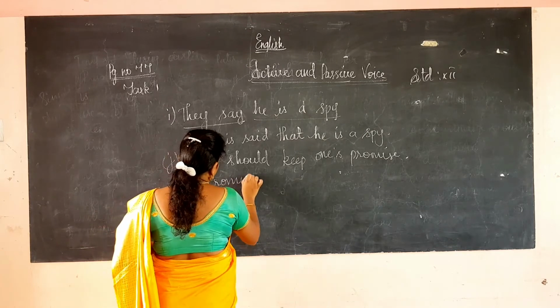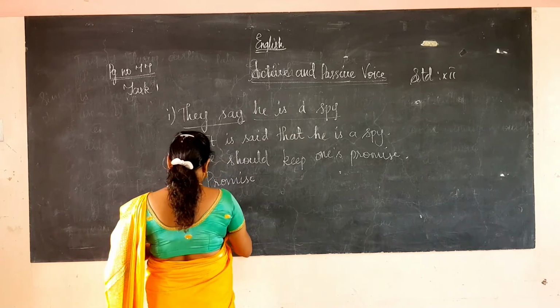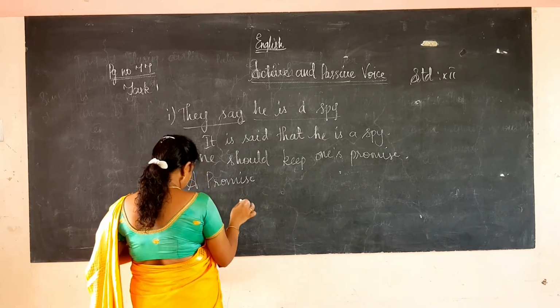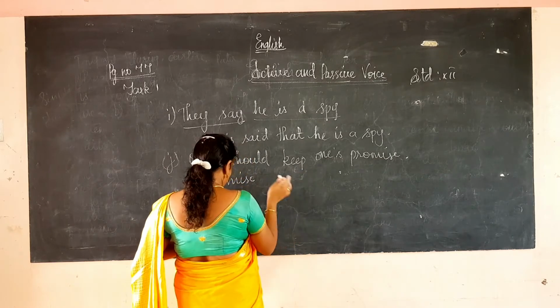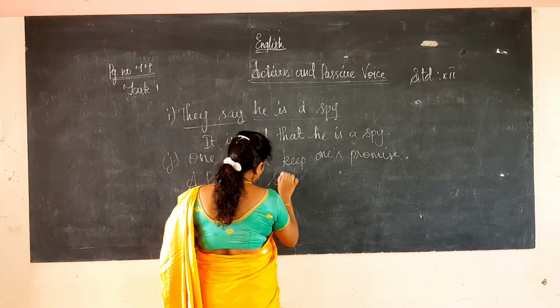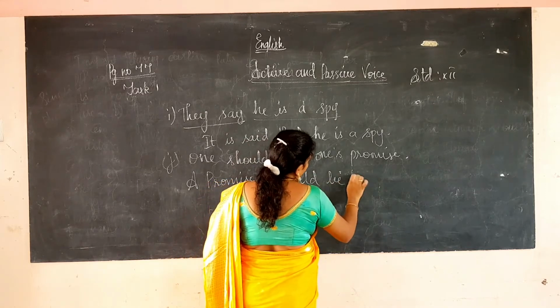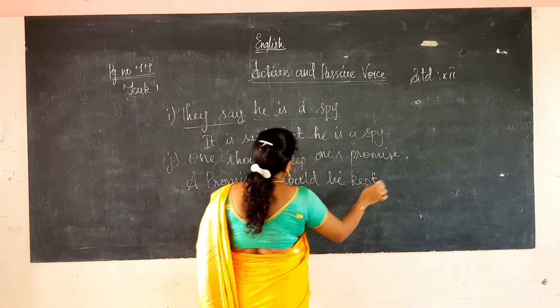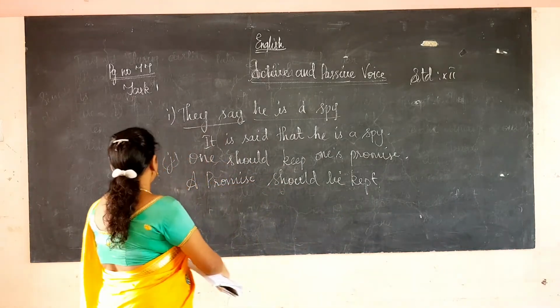You will keep the promise, or we can write a promise. Should keep is given there. So, we have to change it to should be kept. Promises should be kept. Because should is there, we are using be kept. Okay, then the next one.